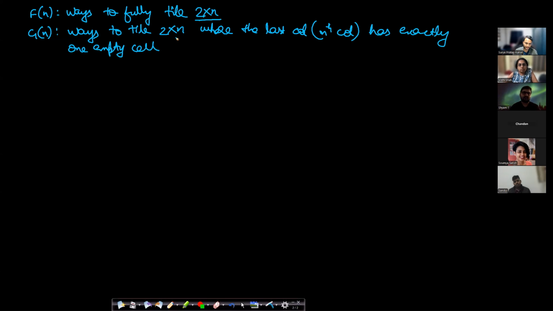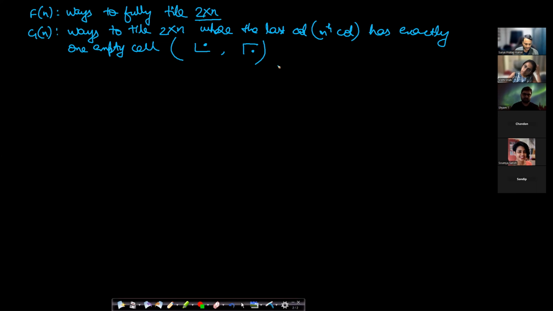So what configuration are we talking about? This configuration where this cell is empty, or this configuration where this cell is empty. I have to make the empty cell always go on the right side. It cannot go on the left side, otherwise I cannot fill up the tile.